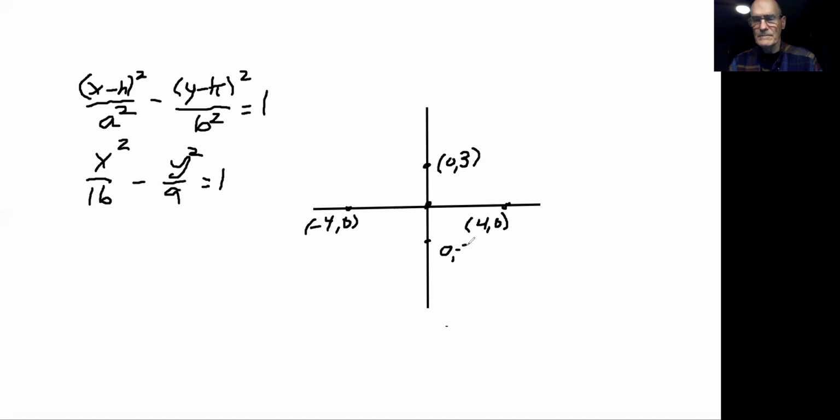Now, the difference here: with the ellipse, you just connect the dots and you have your ellipse.